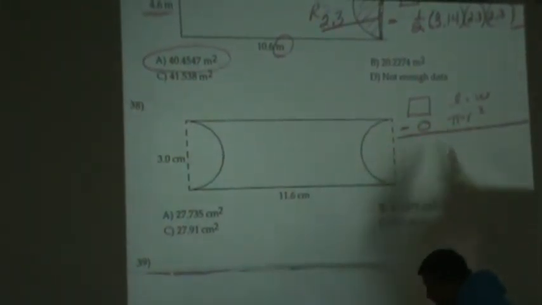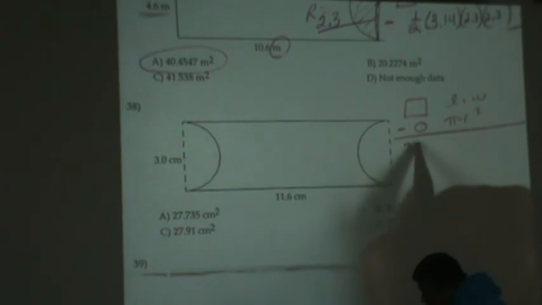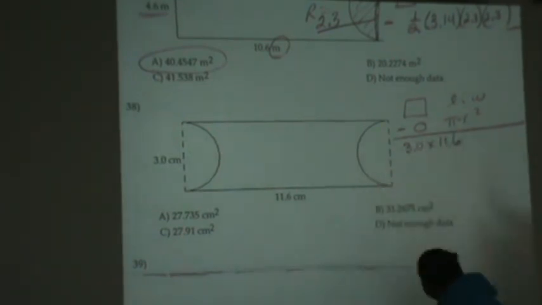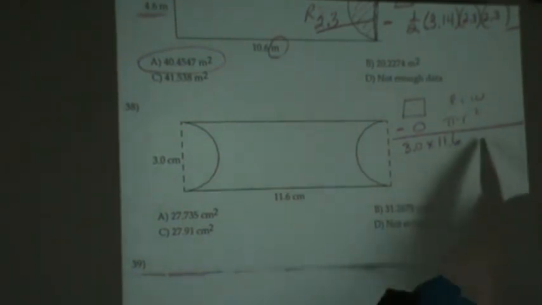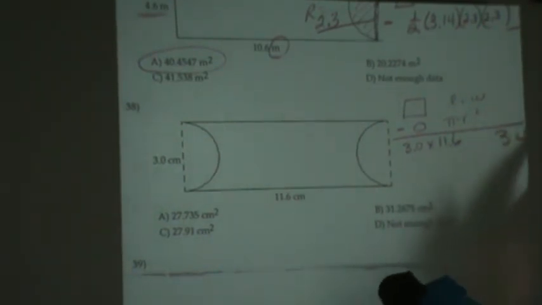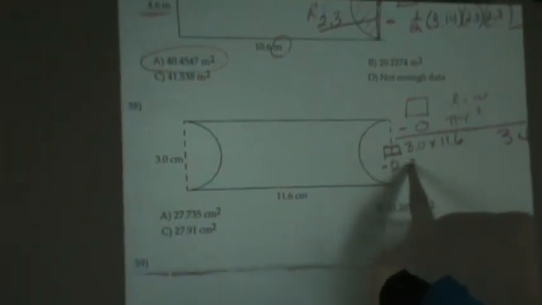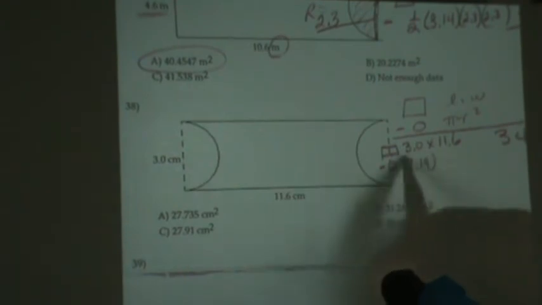So length times width will be 3.0 times 11.6, which is 34.8. That's our rectangle. Now our circle. Pi times the radius times the radius. 3 is our diameter.